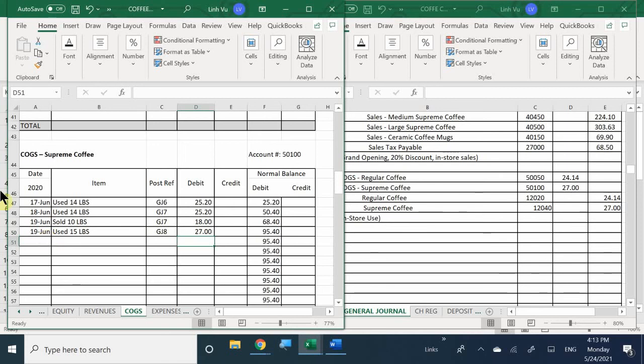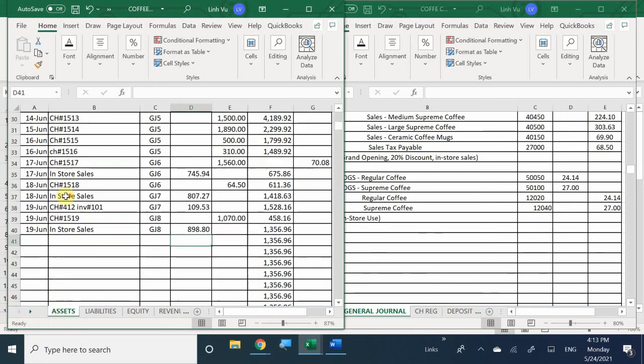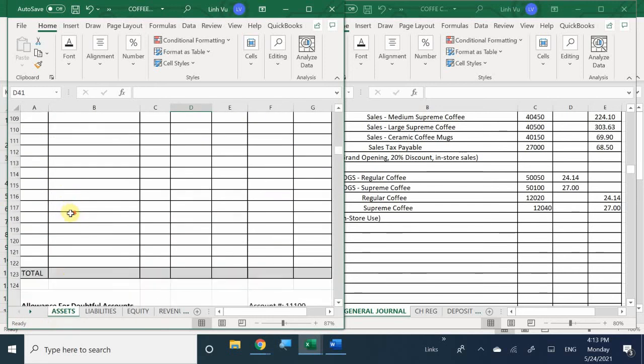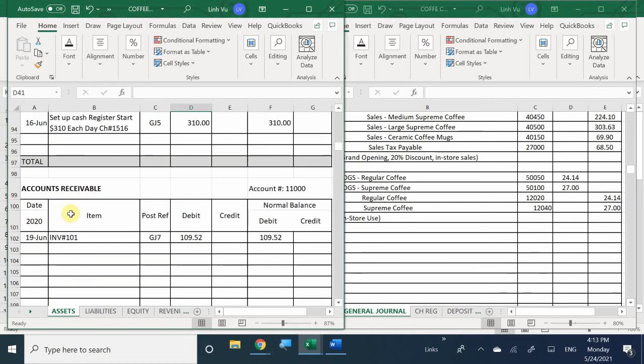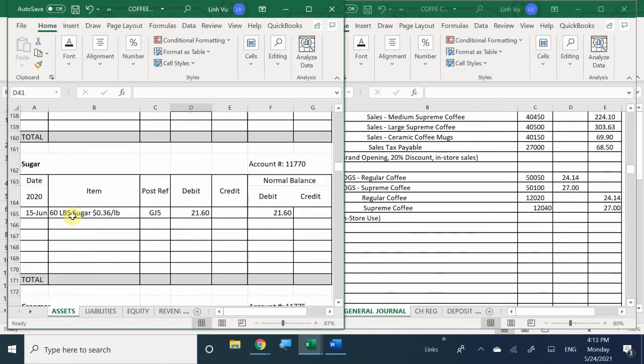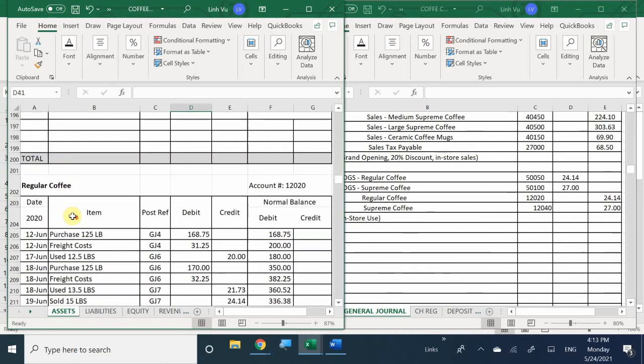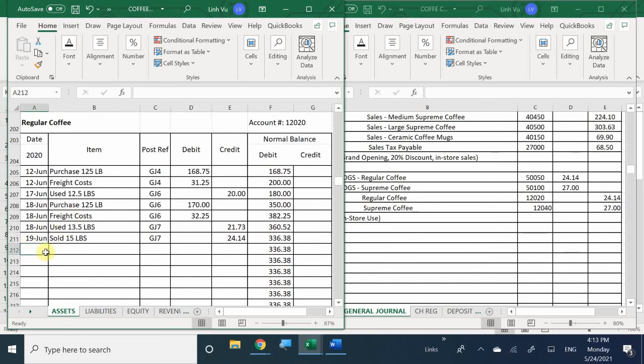Last but not least, over to our assets. We're going to update our inventory here. So locate your regular coffee. Here we are. Use 15 pounds, GJ8, 24.14 in the credit.